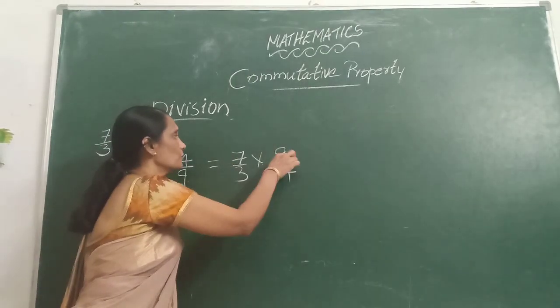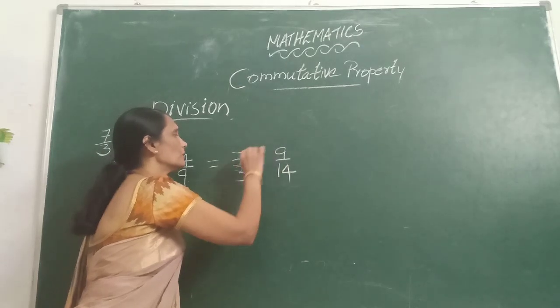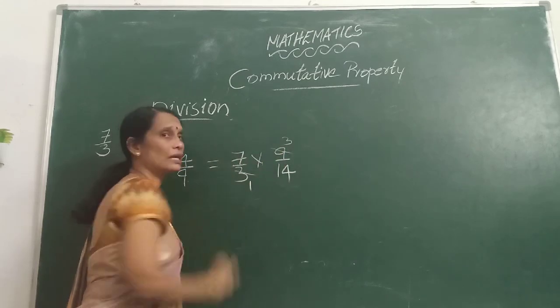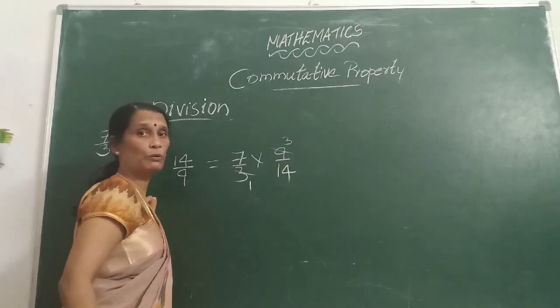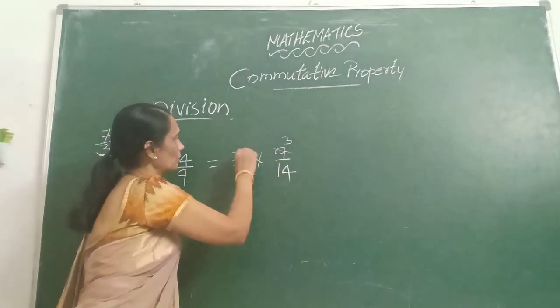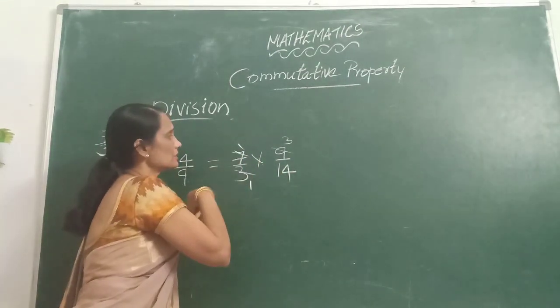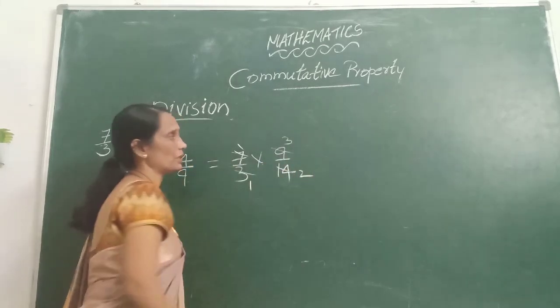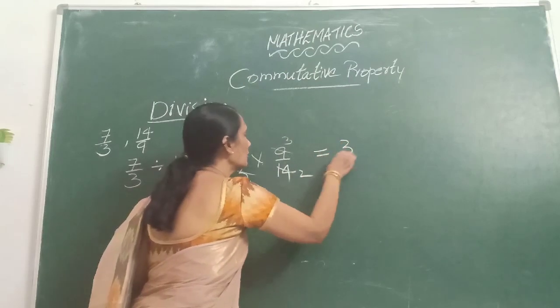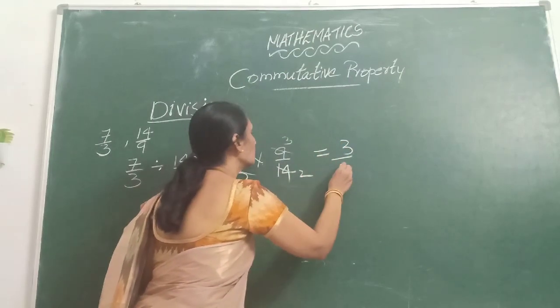See here, you can do 3 3s are 9. 3 1s are 3, 3 3s are 9. In the table of 3, both 9 and 3 come. Like that, this also you can do. 7 1s are 7, 7 2s are 14. Now the answer is 1 into 3, 3, and 1 into 2, 2.